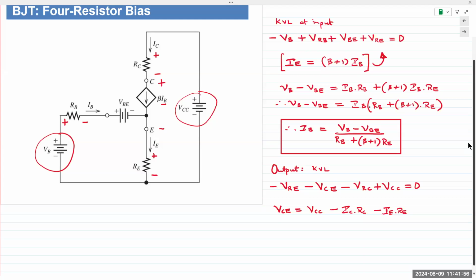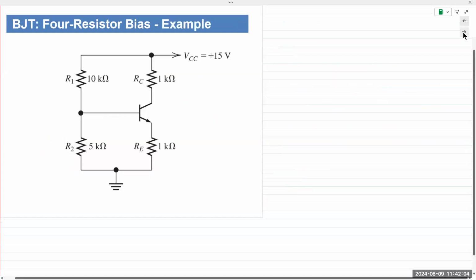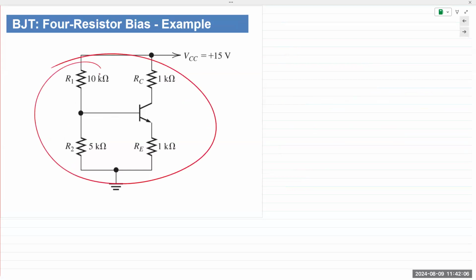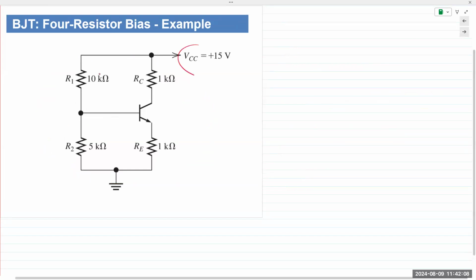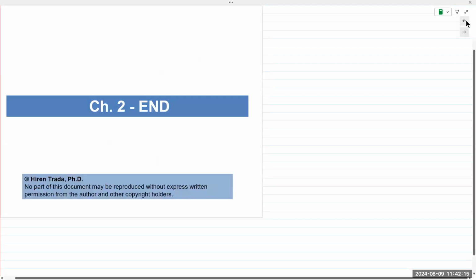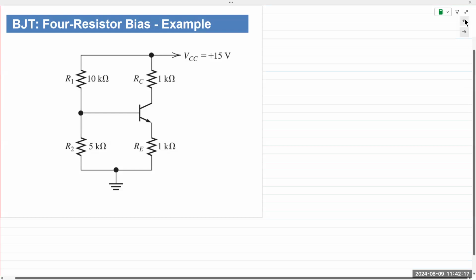Okay. All right, problem statement for the example. So we have an example where the values for the resistors are given. VCC is given to us. We are asked to find the output voltage.